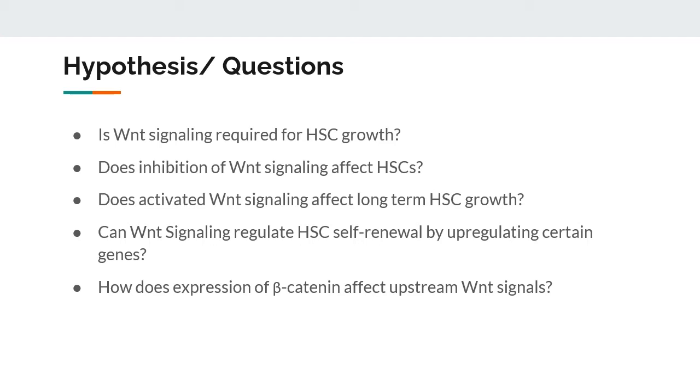Does inhibition of Wnt signaling affect HSCs? Does activated Wnt signaling affect long-term HSC growth? Can Wnt signaling regulate HSC self-renewal by upregulating certain genes? And how does expression of beta-catenin affect upstream Wnt signals?